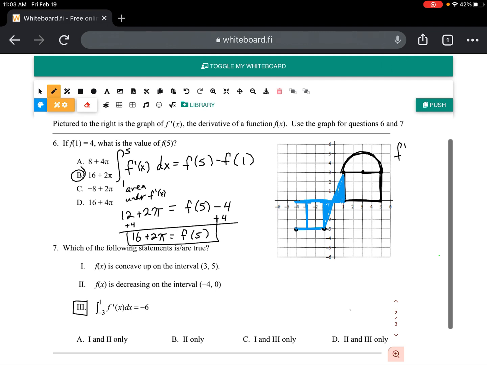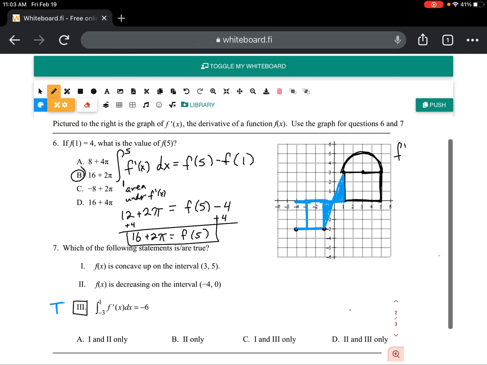We get 0. But there is still that little rectangle down there. Its area is 6 because it's 6 boxes, but it's below the x-axis, so that is -6. So number 3 is true. Questions on number 3?